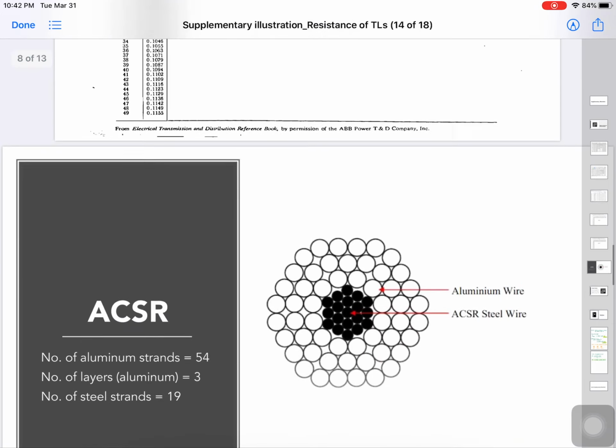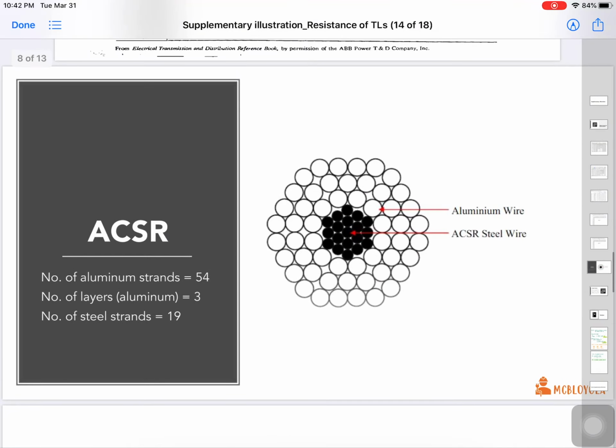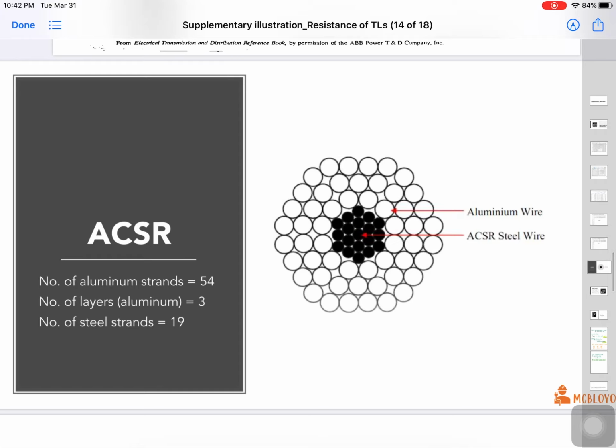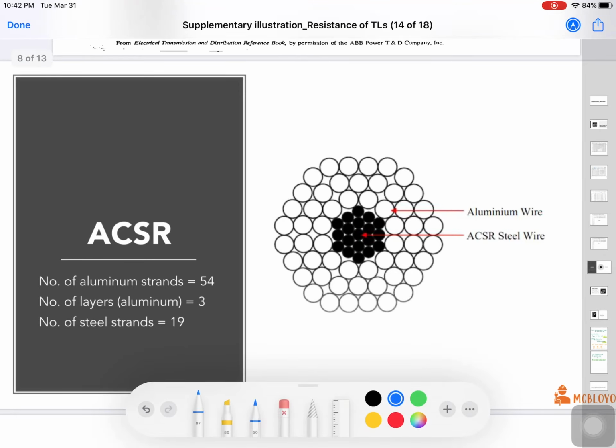All right, now for ACSR, remember in the table earlier there are like 54-3 or 54-19. This is what that means: there are 54 strands of aluminum.